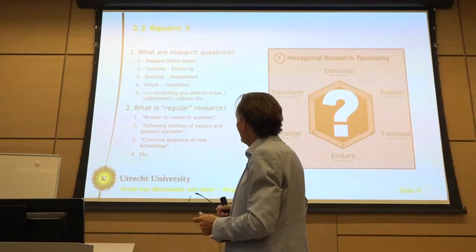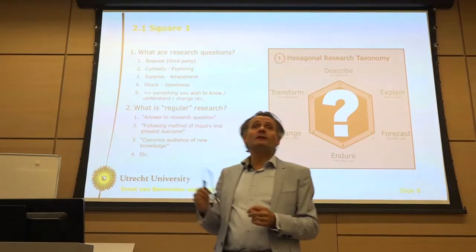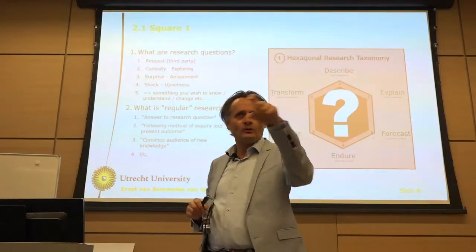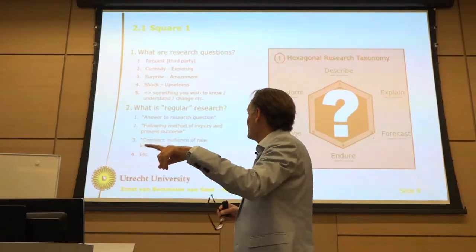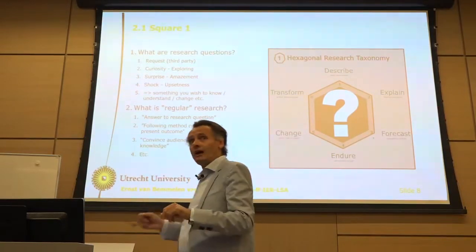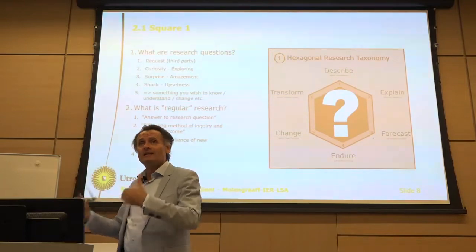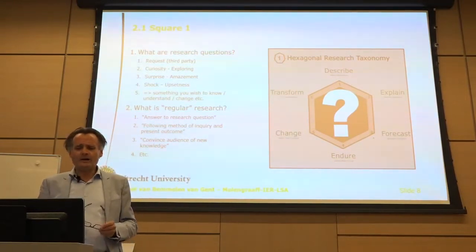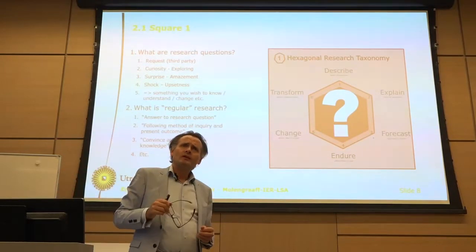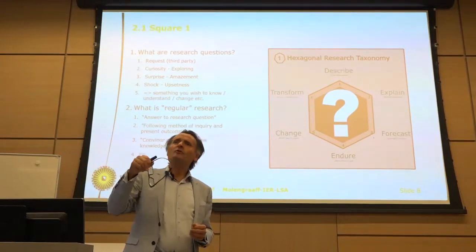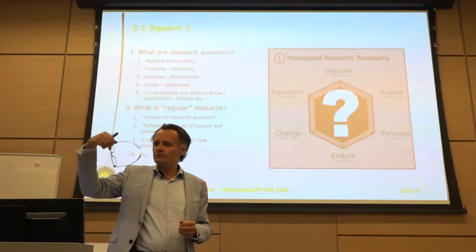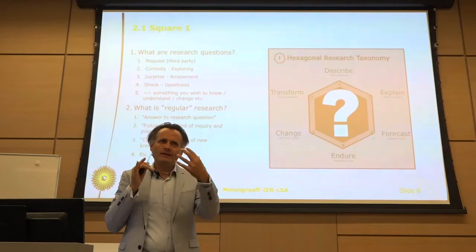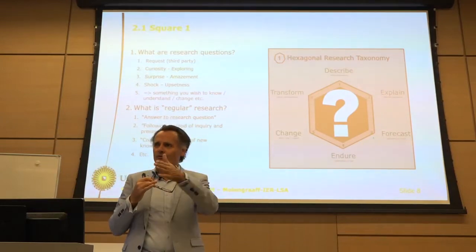Then another popular way of describing what you will do is: follow a method of inquiry and present the outcome, which is a phrasing you quite often see. And the third one is: try in your LLM thesis to convince your audience about new knowledge, which is also an expression of themes we will see tonight.